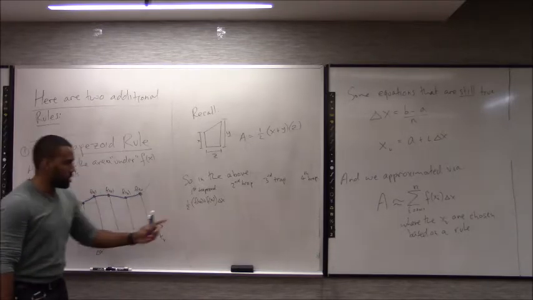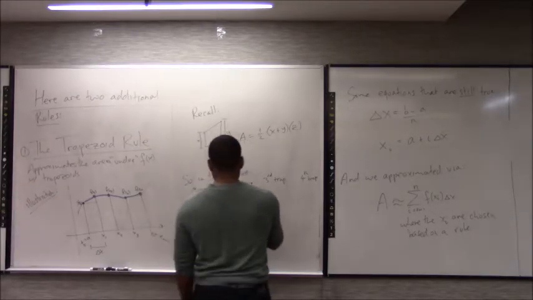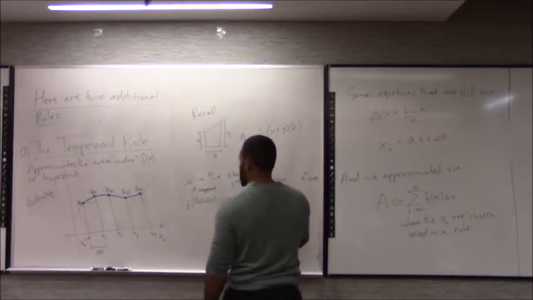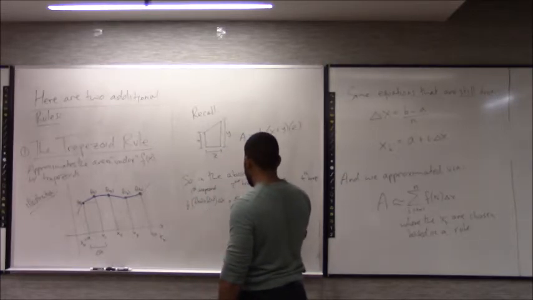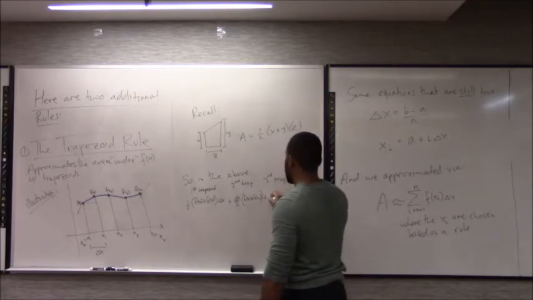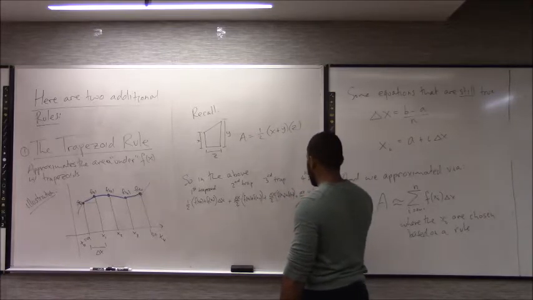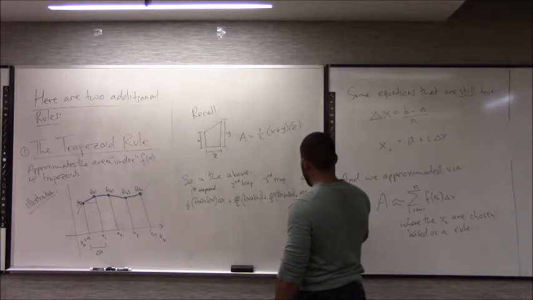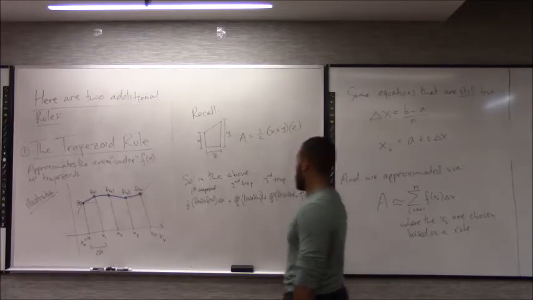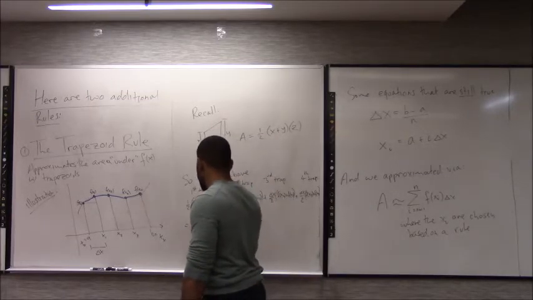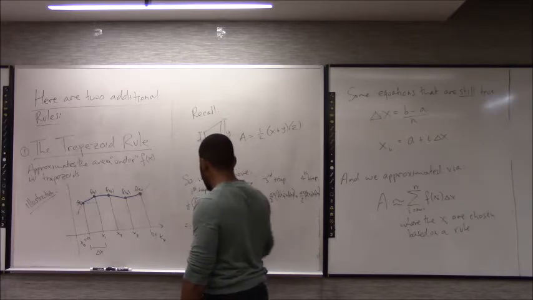I can write this delta x in the front, and continuing like that, I would have delta x over 2 times f of x1 plus f of x2, plus delta x over 2 times f of x2 plus f of x3, plus delta x over 2 times f of x3 plus f of x4.